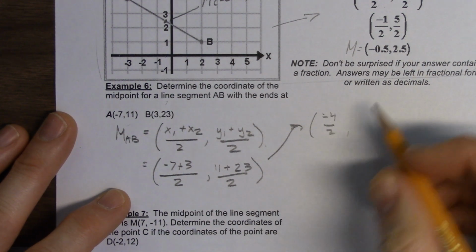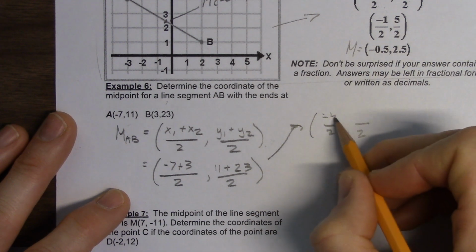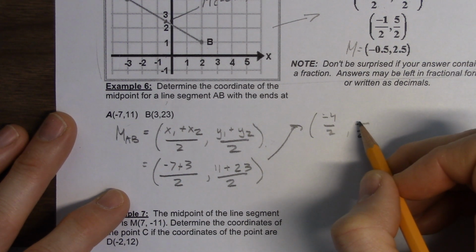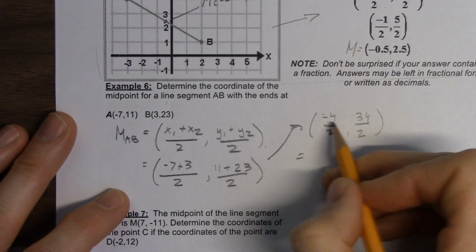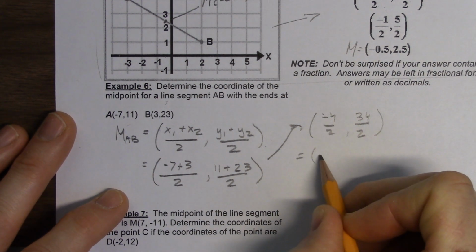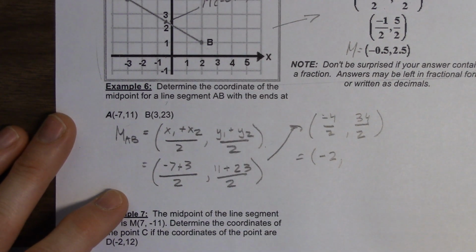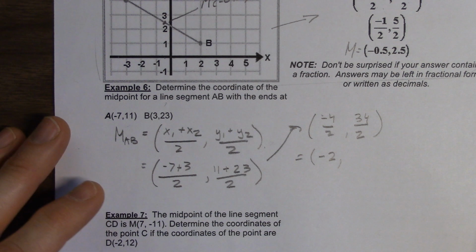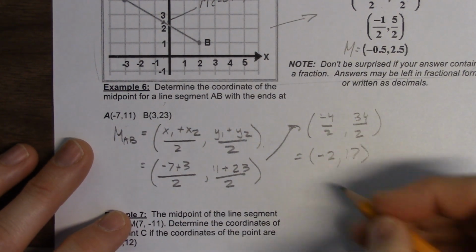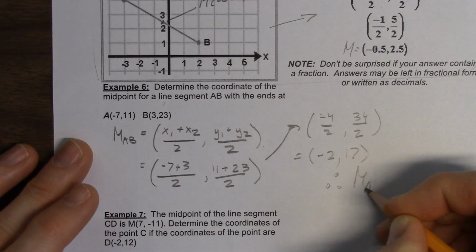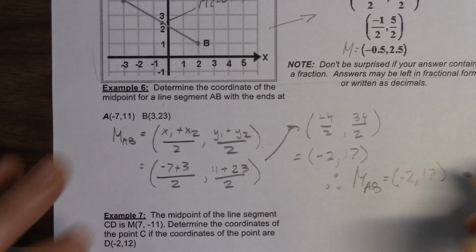Good. And then 11 plus 23? Excellent. -4 divided by 2. And 34 divided by 2. 17. Okay, so therefore, the midpoint of AB is equal to -2, 17.